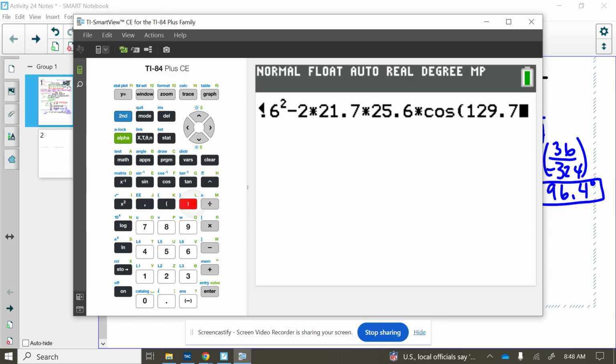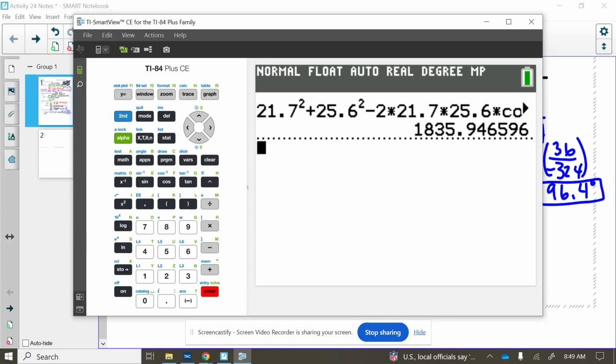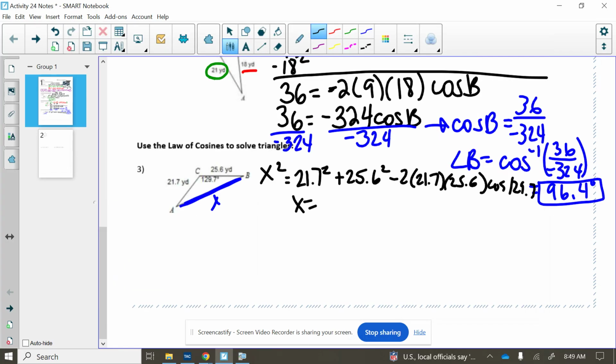And again, do not forget on this, you want to make sure that you square root that answer so that we get 42.8 as our value here for x. Okay, so we know this opposite side over here now is 42.8.